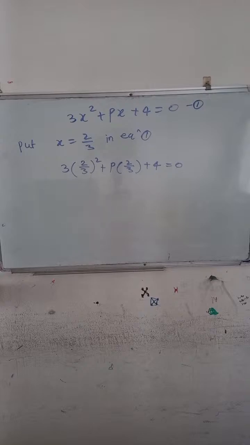Marwa, check once again whether it will come -2. Check the calculations and check how you transposed. Marwa, have a look once more, there is a small mistake in the calculation.